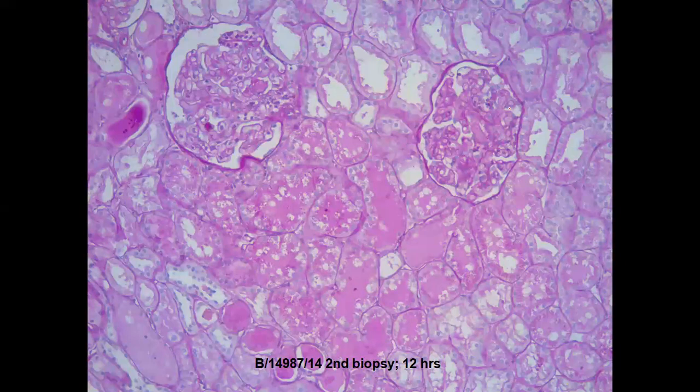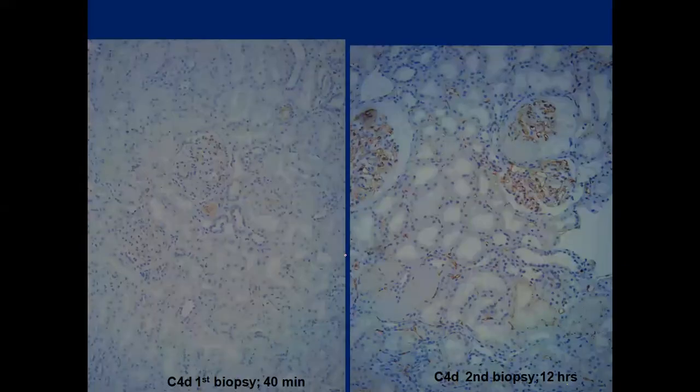The second biopsy was done after plasmapheresis was started, at 12 hours post-transplant. It showed that TMA was persisting, and now the ATN is also becoming more severe. If you look at the C4D positivity in the first 40 minutes post-transplant biopsy, there was no significant C4D positivity, but in the second biopsy at 12 hours, you start seeing some PTC staining.